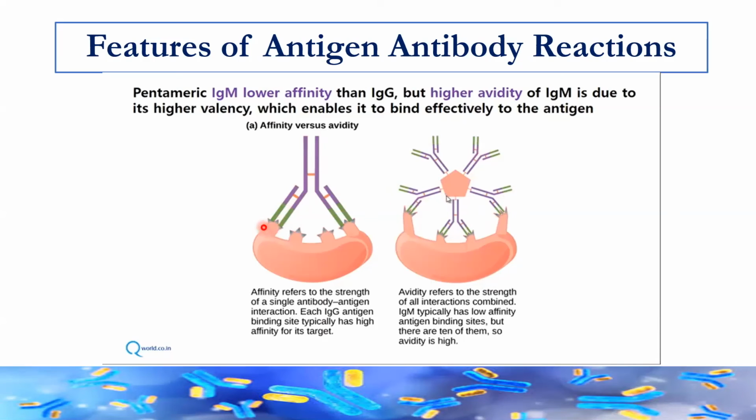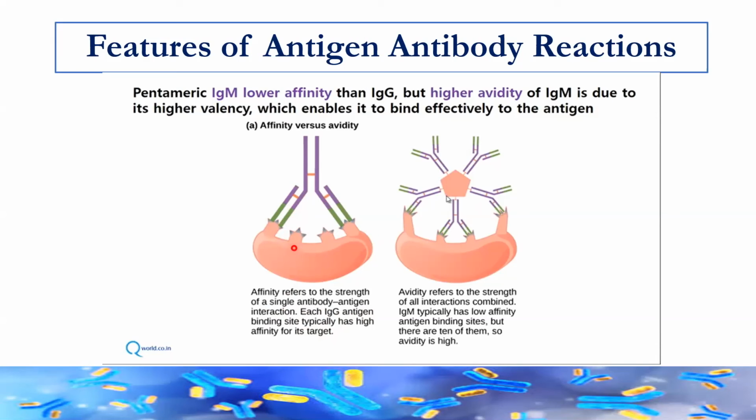Now, if you imagine, the epitope is a lock and the paratope is a key, then you can see that the more fitting key is IgG than IgM. So the affinity refers to the strength of a single antibody and antigen interaction. You feel that IgG is fitting more well into the antigen.